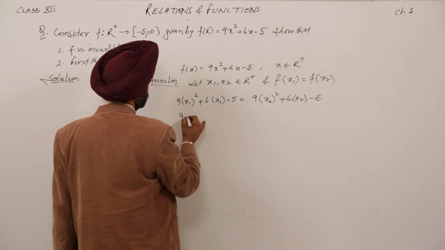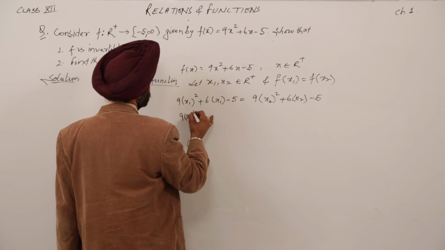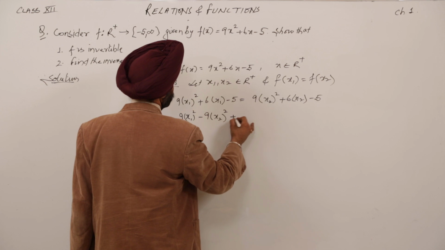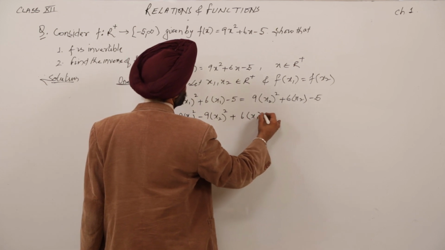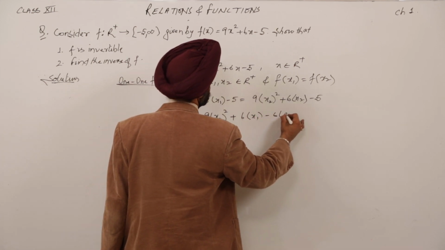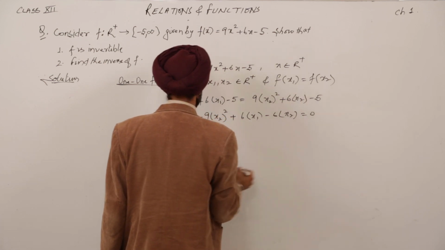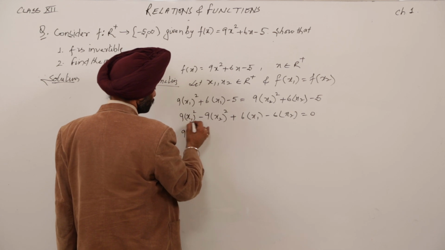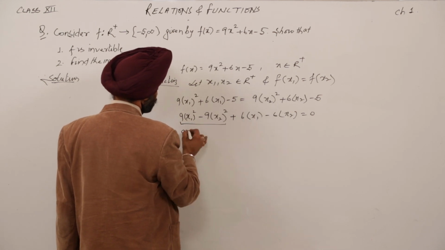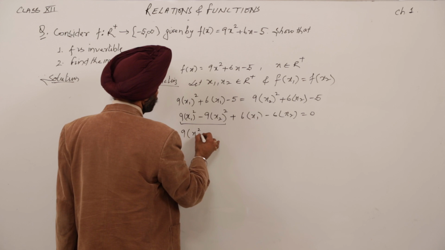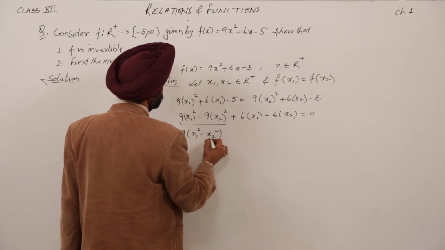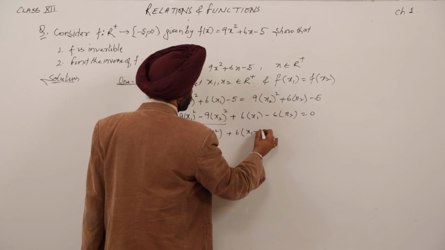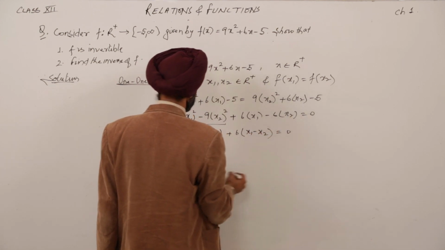So we have 9(x1)² - 9(x2)² + 6x1 - 6x2 = 0. Here from the first two terms I am taking 9 common, and inside it is left x1² - x2², plus 6 common, x1 - x2, equal to 0.